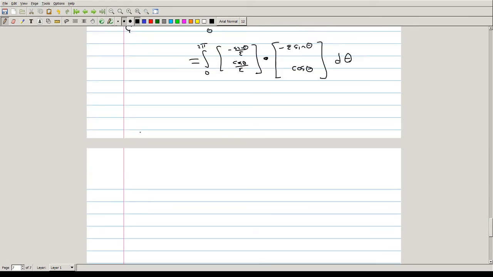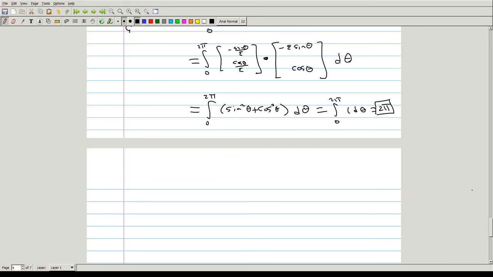When we do the dot product, we multiply these two things together, we get sine squared. We multiply these two things together, we get cosine squared, so the resulting epsilon over epsilon is 1. So we get sine squared theta plus cosine squared theta, which is equal to 1. So this is the integral from 0 to 2 pi of 1 d theta, which is 2 pi.